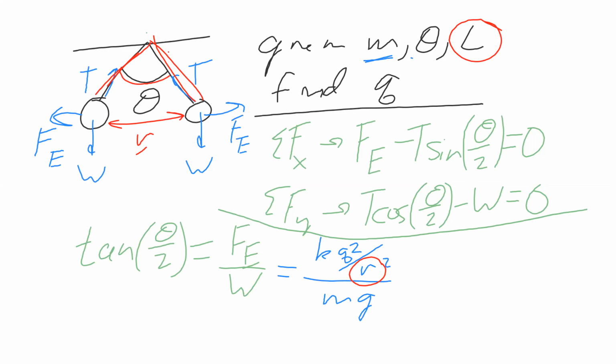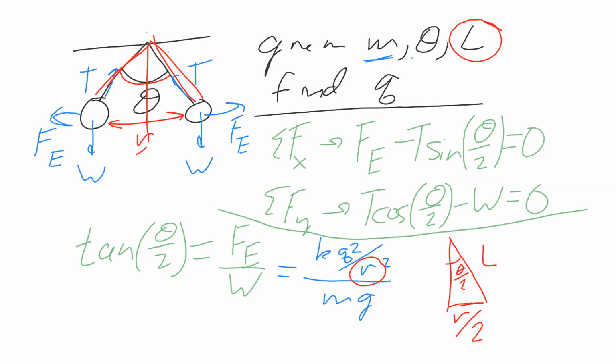So just to talk about how to go about it, if it didn't happen to be an equilateral triangle, probably what I would do is cut it in half and say, I know that this is the length L. I know that this side right here would be half of R. And I know that this angle is half of theta.